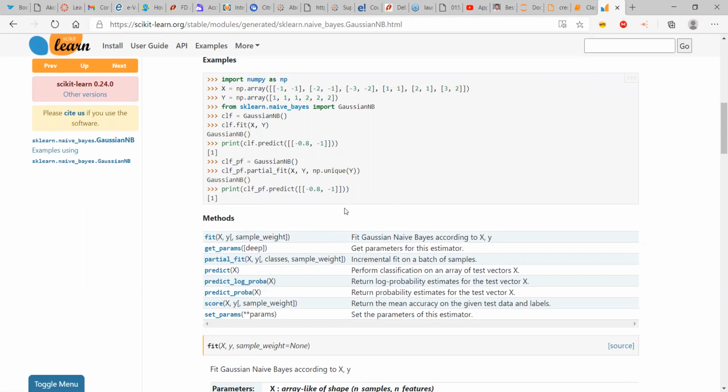This is a lazy learner, so everything is done on the testing data itself. There is no way to find the coefficients of the features, because they are irrelevant in this case.